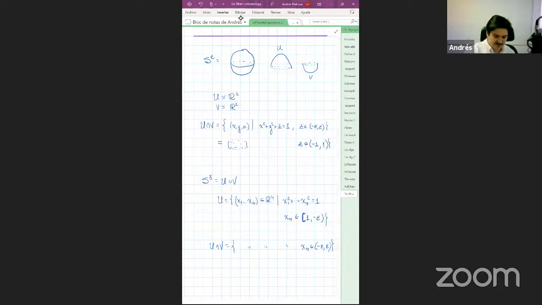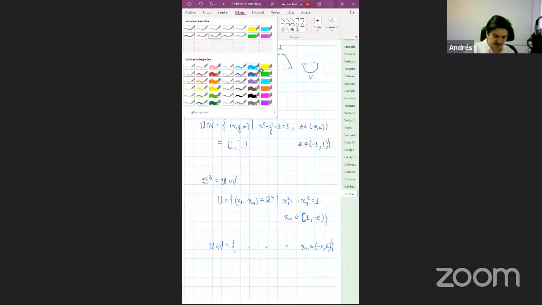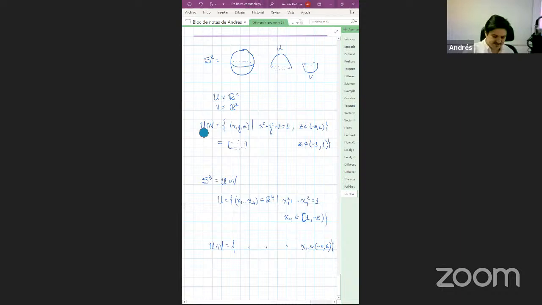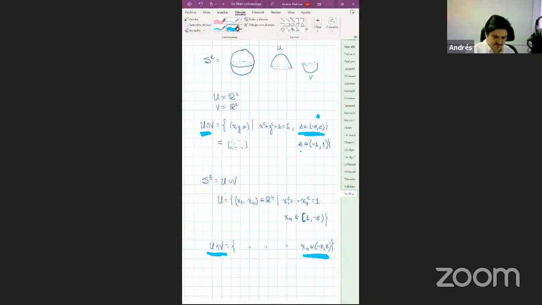Now, the reason that I'm doing this is because I want you to keep this in mind. If you shrink the interval minus epsilon, epsilon here, I forgot a square here.